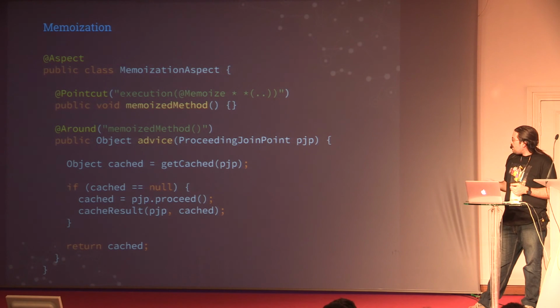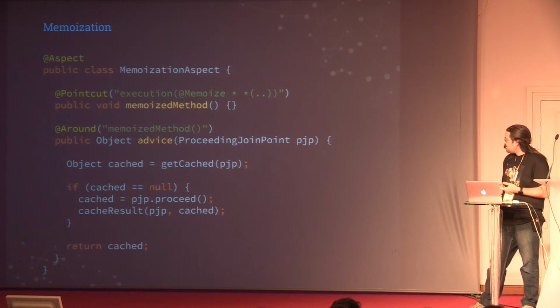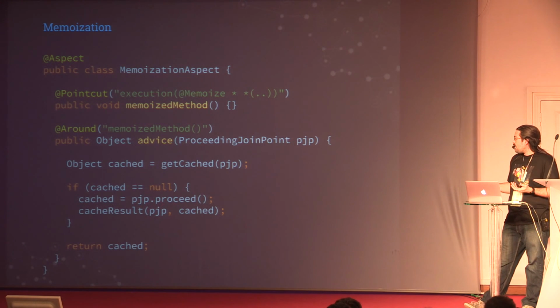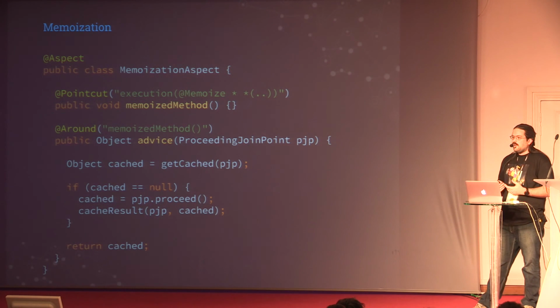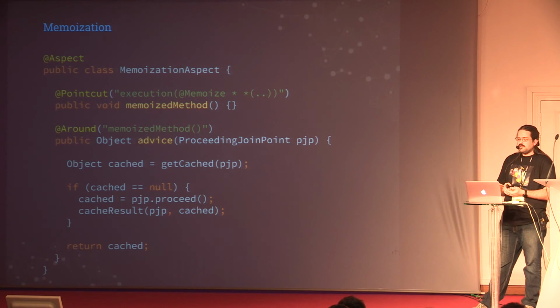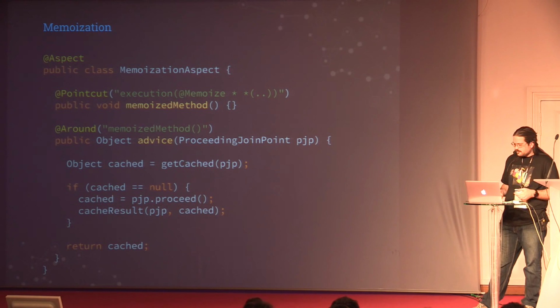When I want to run a method which is annotated, I just look if I already have a cached value of this method with these parameters, and if I don't, I actually run the method. So this is very useful if you want to run a method based on input parameters, which can be heavy and have a lot of computation time. You can just cache the result of the method just using the aspects.